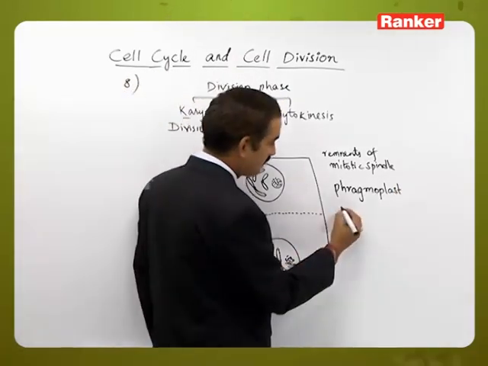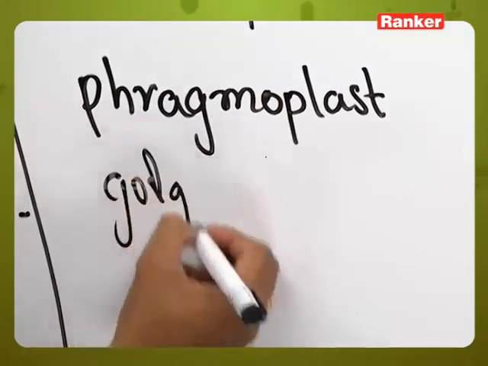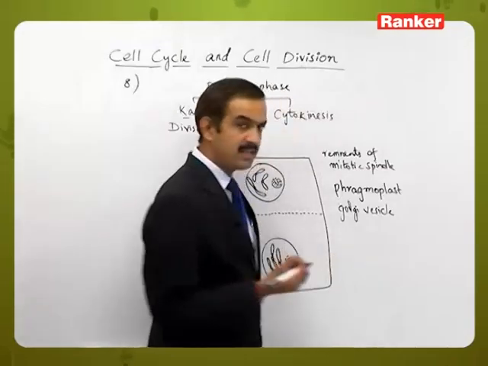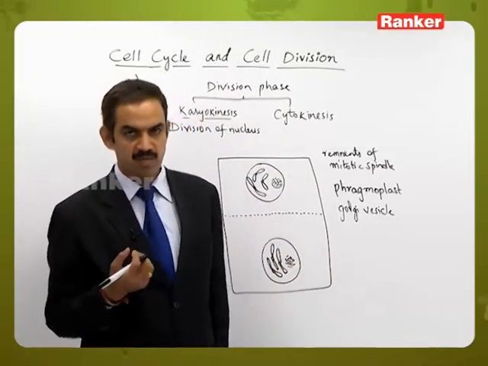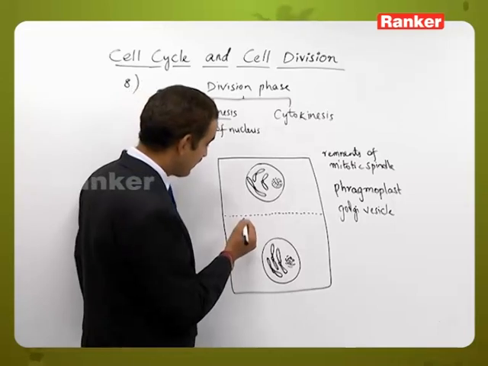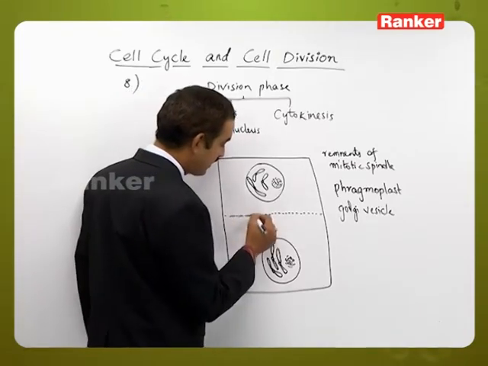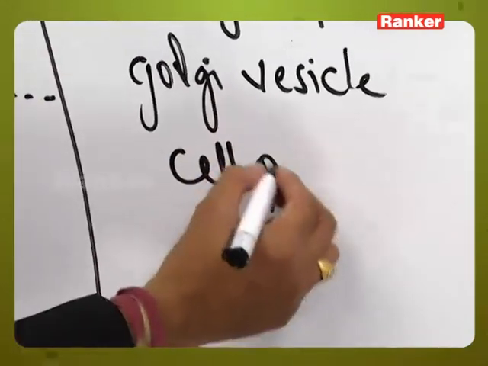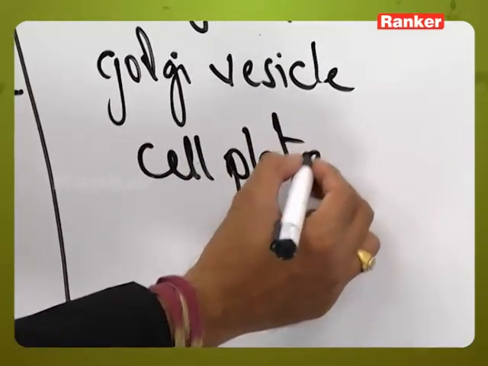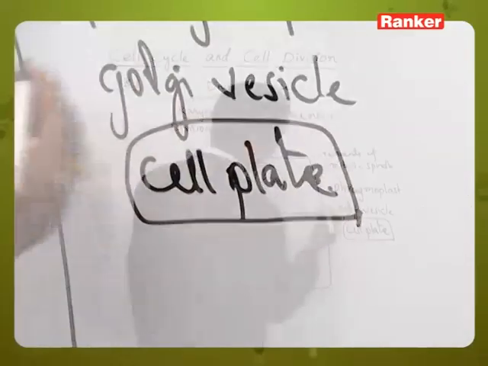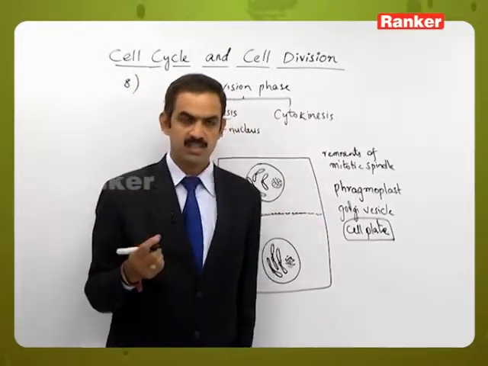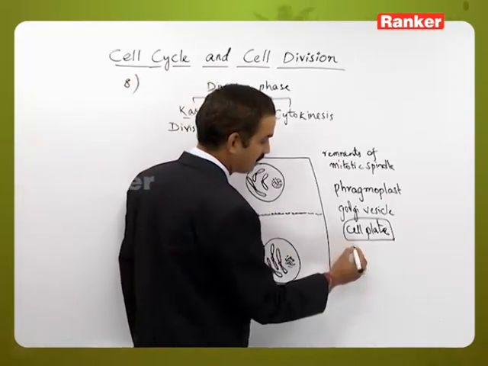Later, the Golgi vesicles will come to this phragmoplast region, and they will burst and release the pectinous material present inside them, and the gaps will be gradually filled up. This structure is called a cell plate, and the cell plate formation, that is the inclusion of these Golgi vesicles, takes place from the center to the periphery.